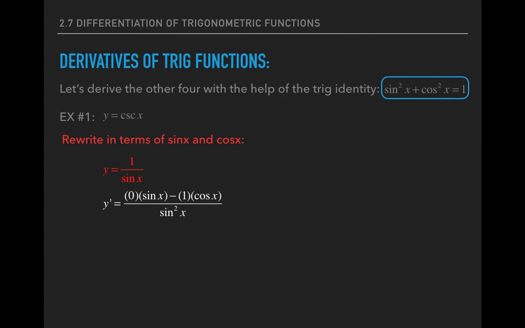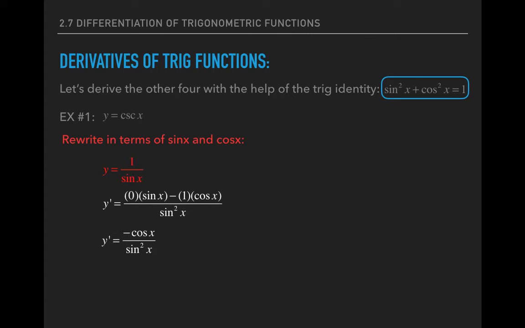Now, using your quotient rule, it would be 0 times sine x minus 1 times the derivative of sine, which is cosine, all over sine squared x, because the derivative of your numerator is 0. Now that's really just negative cosine x over sine squared x.